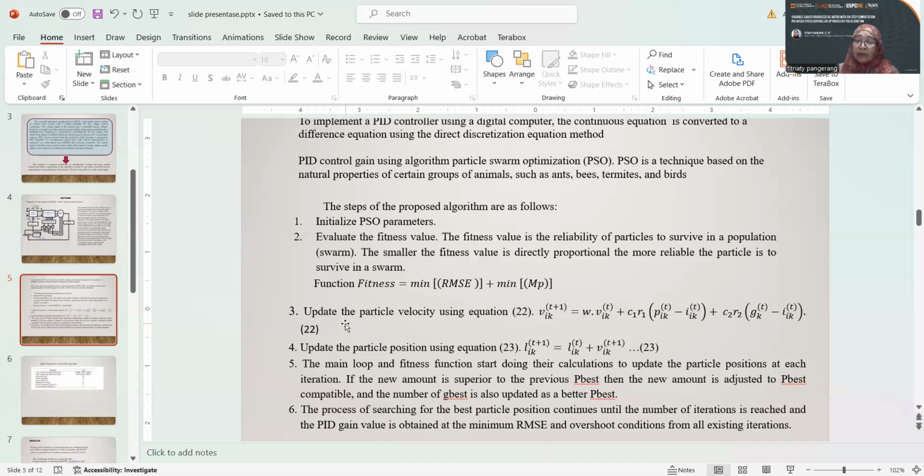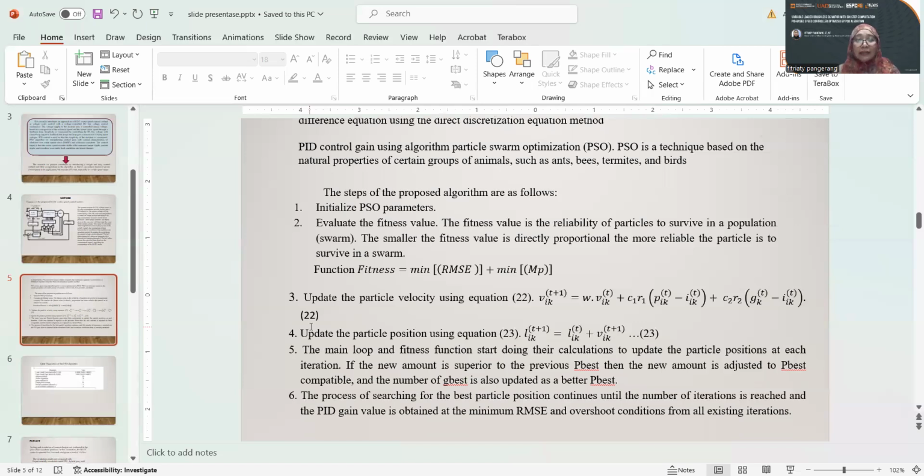If the new value is superior to the previous P-best, then the new value replaces the P-best, and the G-best is also updated if there is a better P-best. Step 6, the process of updating the particle positions continues until the number of iterations is reached, and the PID gain value is obtained at the minimum root mean square error and overshoot condition over all iterations.